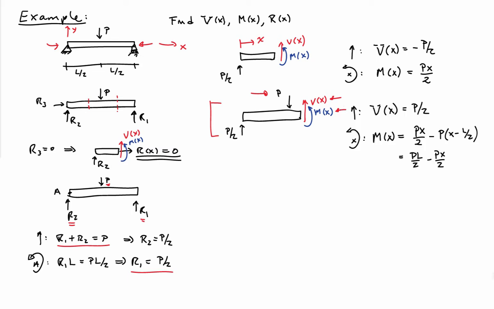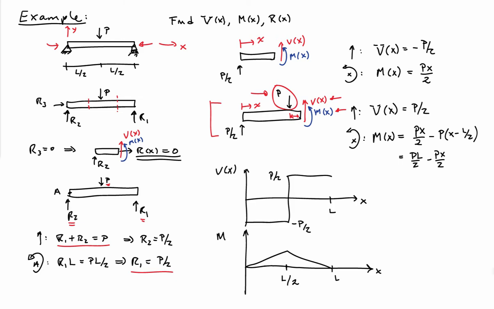If I write those two equations down, I find that the shear force V is now plus P over 2, whereas before it was minus P over 2. If I sum the moments again at the location x, I find that the moment is PL over 2 minus Px over 2. I have to include this force now and the moment that it creates through the lever arm to the section cut location.